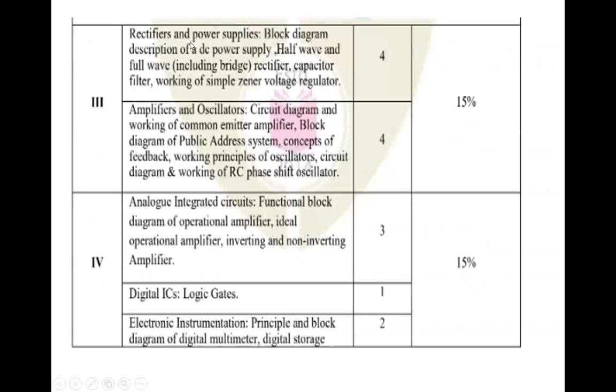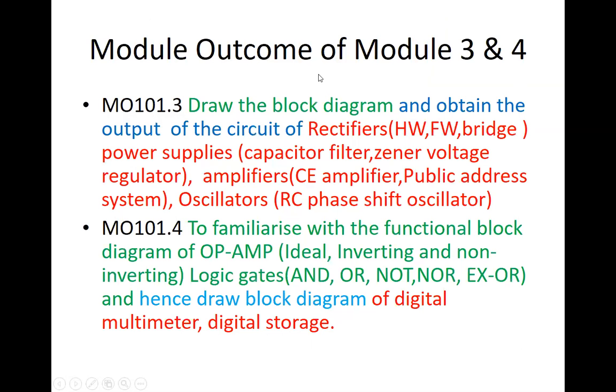Module 3 is rectifiers and power supplies: block diagram description of a DC power supply, half wave, full wave including bridge rectifier, capacitor filter, working of simple Zener voltage regulator. So here I can do something to write a course outcome now.